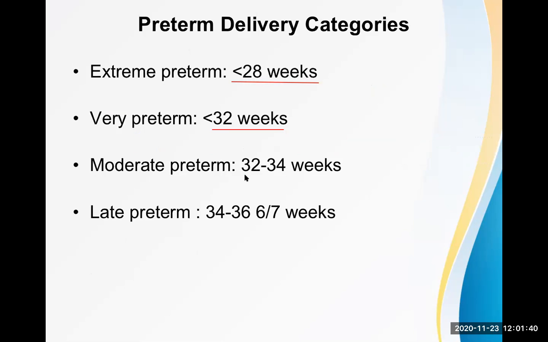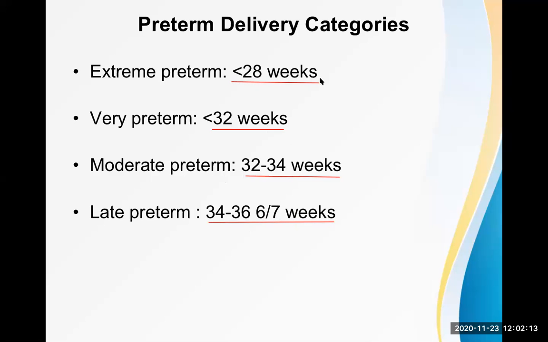Moderate preterm, between 32 to 34 weeks, and late preterm is from 34 weeks till 36 weeks and 6 days. It has to be before 37 weeks. That is the late preterm. So extremely preterm, prior to 28 weeks, very preterm, 28 to 32, moderate preterm 32 to 34 and late preterm 34 to 37.